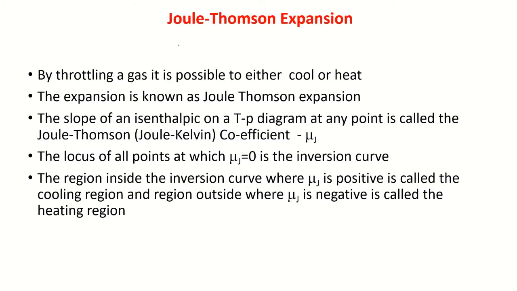Okay. Now let us understand Joule-Thomson expansion. Earlier in a steady flow energy equation, I have explained a throttling process where I have proved enthalpy at the inlet is equal to enthalpy at the exit, neglecting kinetic energy, potential energy, work, as well as the heat interaction between the system and surroundings.